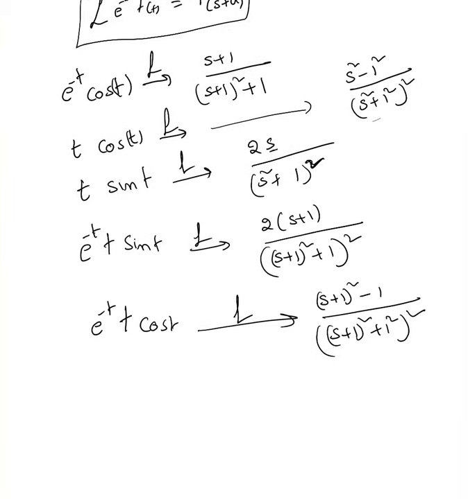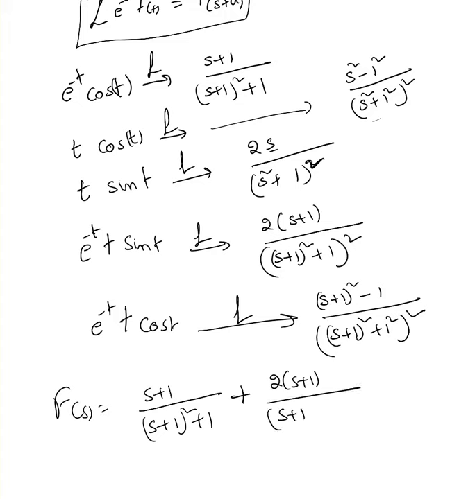Now the transfer function f of s equals s plus 1 over s plus 1 whole square plus 1, plus 2 times s plus 1 over s plus 1 whole square plus 1 whole square, plus s plus 1 whole square minus 1 over s plus 1 whole square plus 1 square whole square.